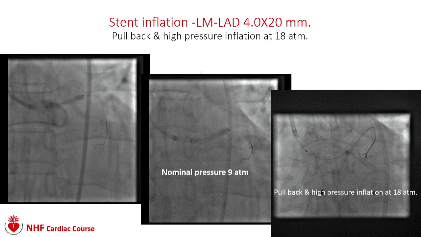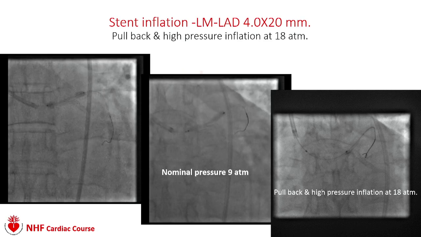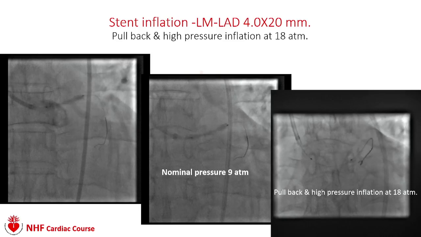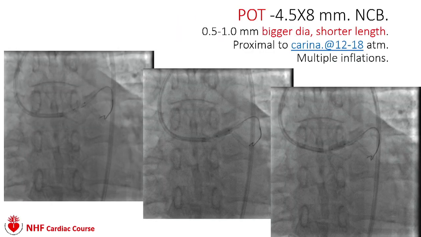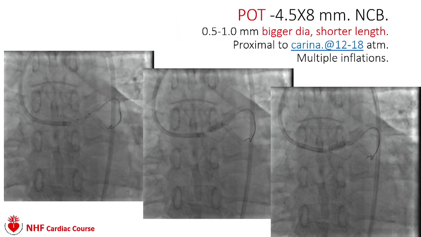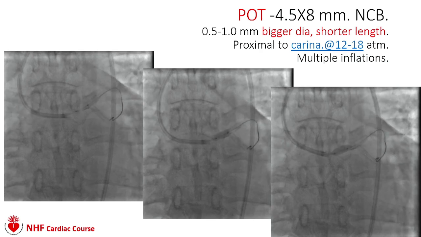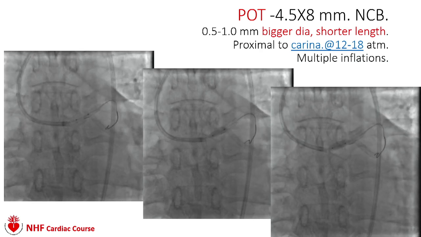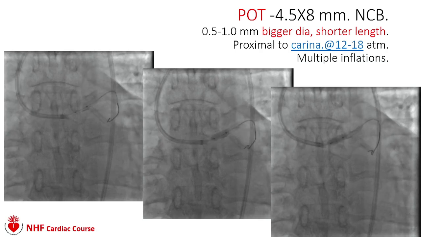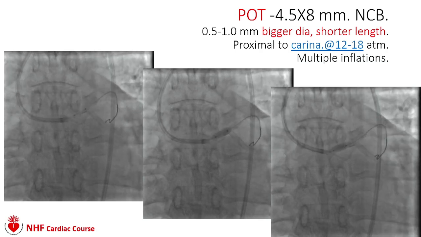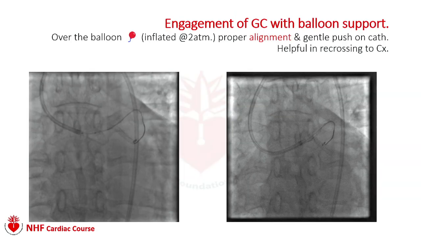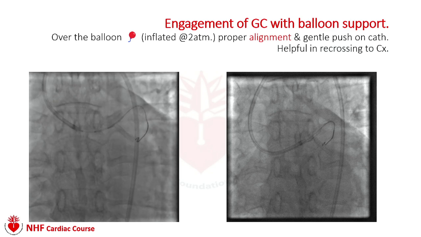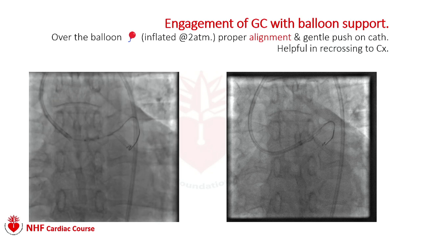So the stent is inflated, then pullback and high pressure inflation at 18 ATM. Now POT is done with a bigger balloon, and POT should be done very correctly so that the carina is not deformed by the POT balloon. Now the guide catheter should be engaged properly so that subsequent wiring becomes easier.